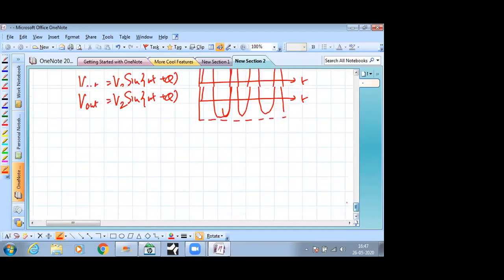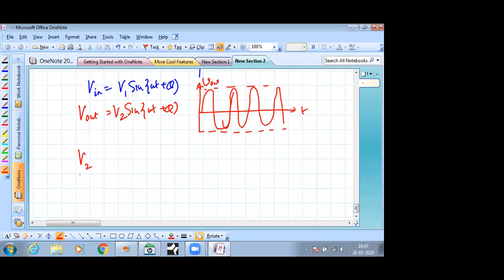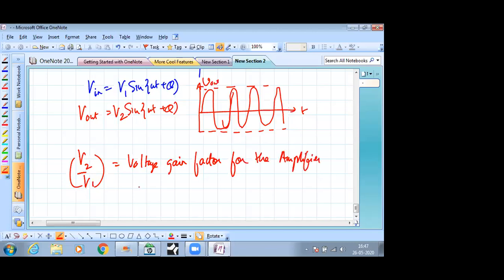So V2 upon V1 will become what we call the voltage gain factor for the amplifier. Okay.